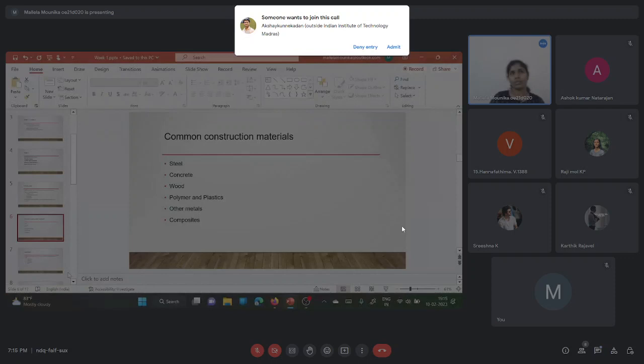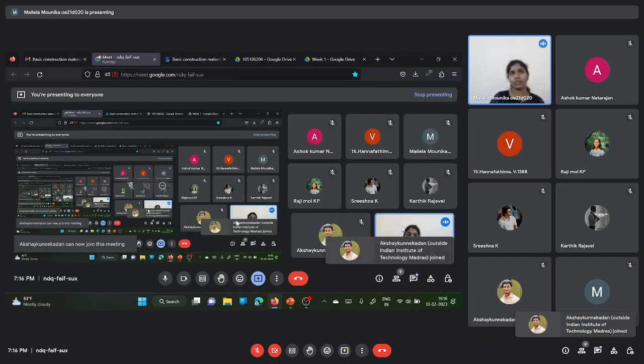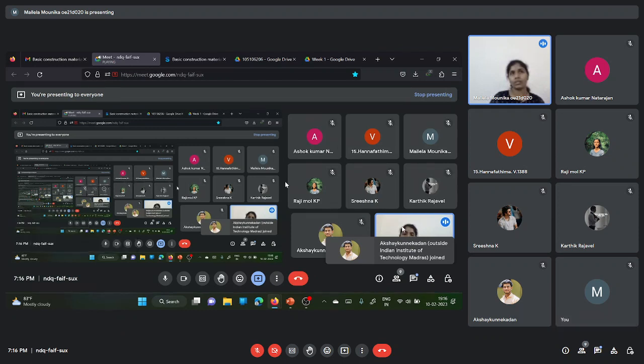Through this, I'm just giving an outline of the course, and now I'll go through some sample problems. If you have any doubts prior to that, you can ask, or else after the explanation of the sample problem, you can also raise your questions.